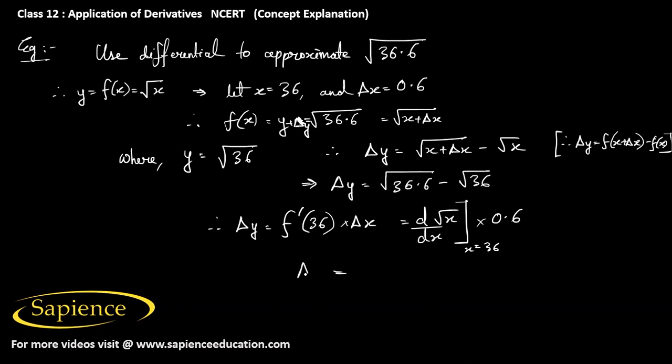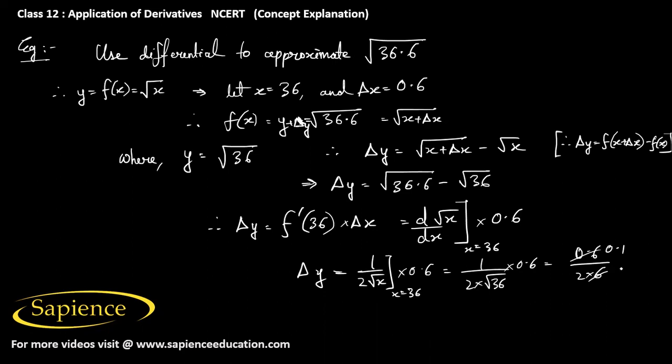So the value delta y will be d by dx of root x, which is 1 by 2 root x, at x equal to 36, into 0.6. So that will be 1 by 2 into root over 36 into 0.6. So that is 0.6 by 2 into 6. So 6 into 0.1 is 0.6. So 0.1 by 2, that is 0.05. So delta y is 0.05.